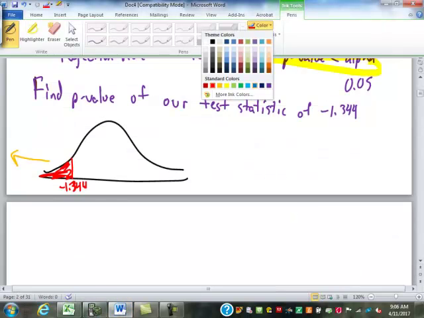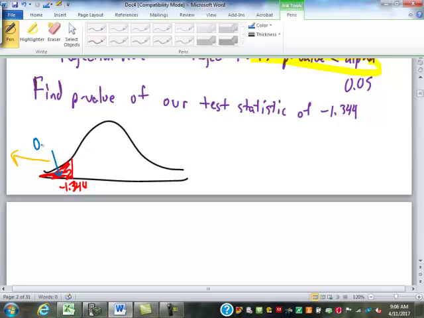So that's saying this probability here is 0.0895. So the p-value is 0.0895.